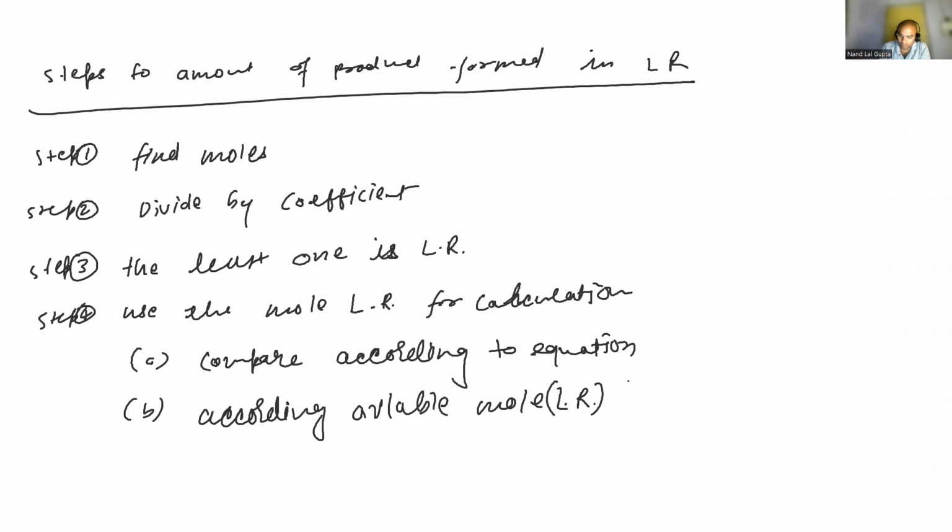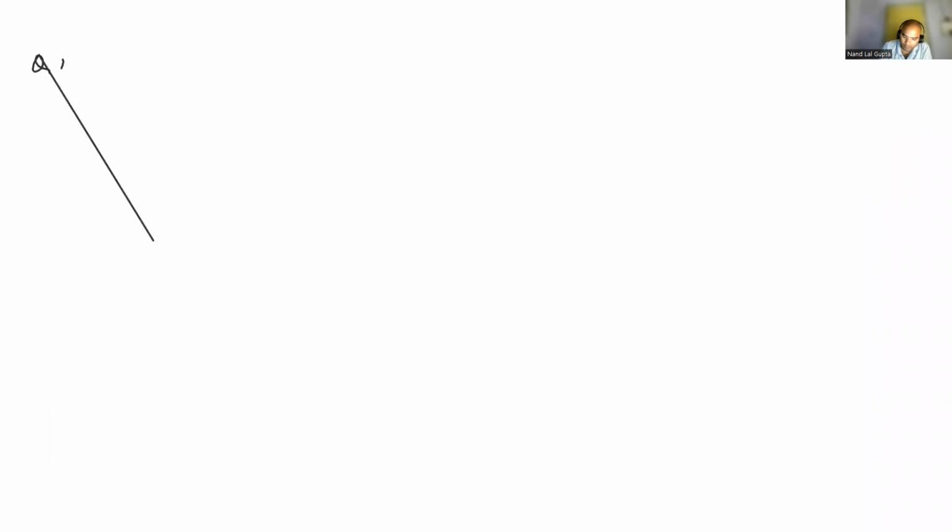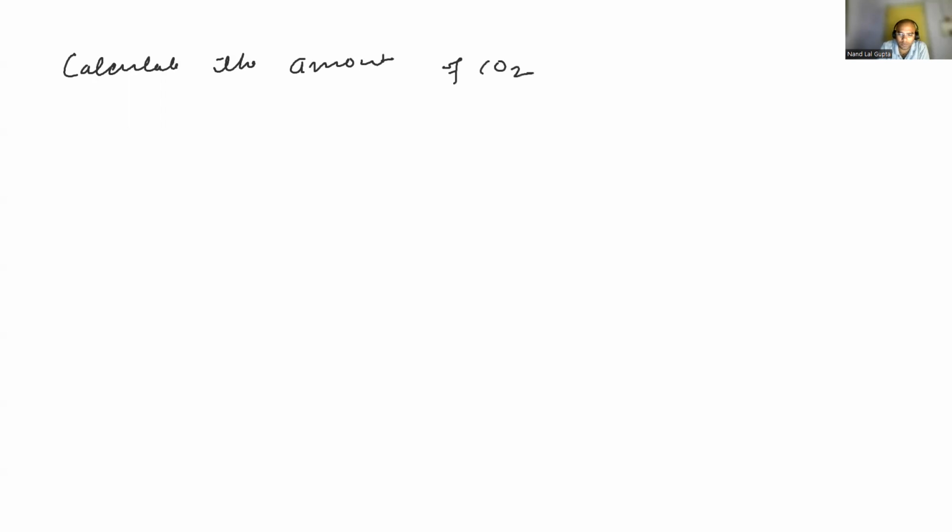Question number one. Calculate the amount of CO2 required to react with 174 gram of carbon monoxide.